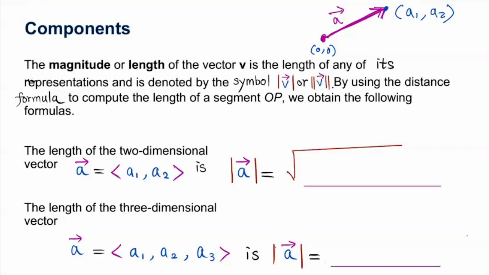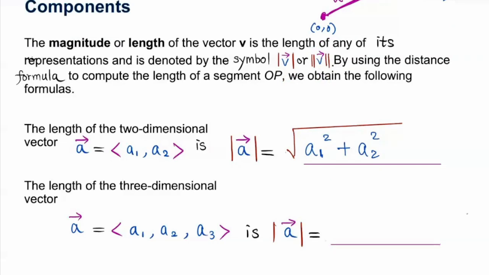Yes, A1 squared plus A2 squared. If you have more dimensions, you just keep on adding the square of each component and sum them up. You got the idea. Okay, good. The next one is 3 dimensions, then you square the components and you sum them up.